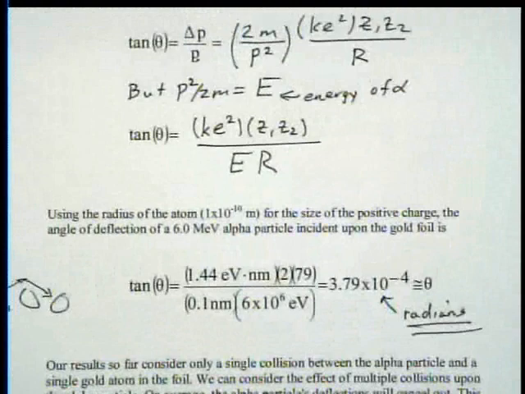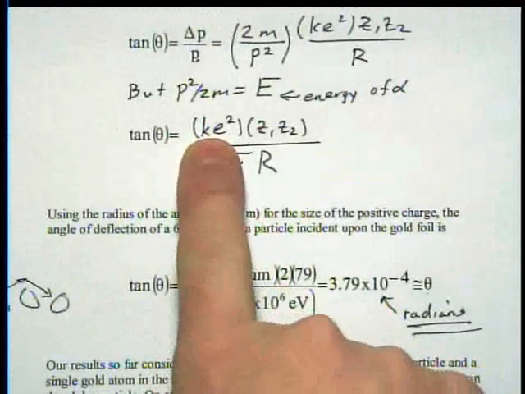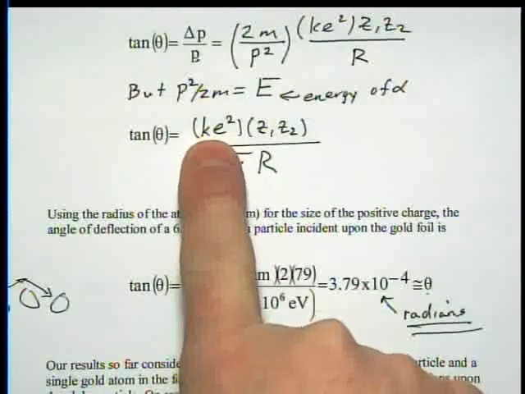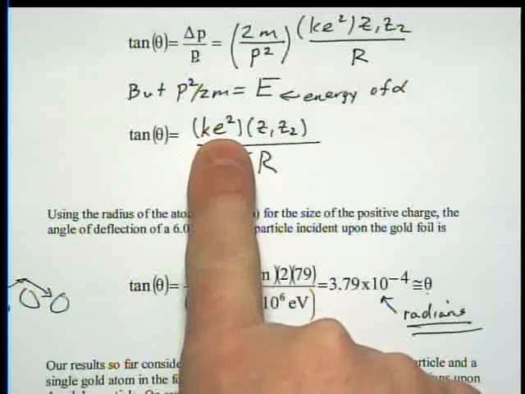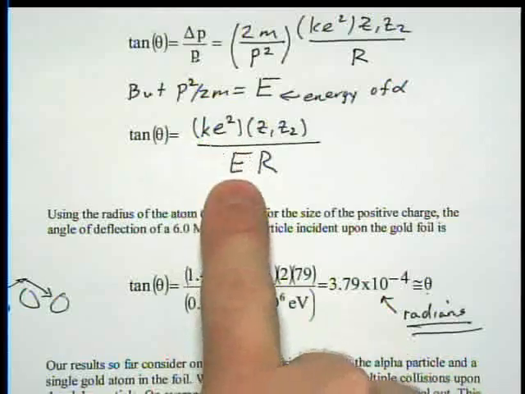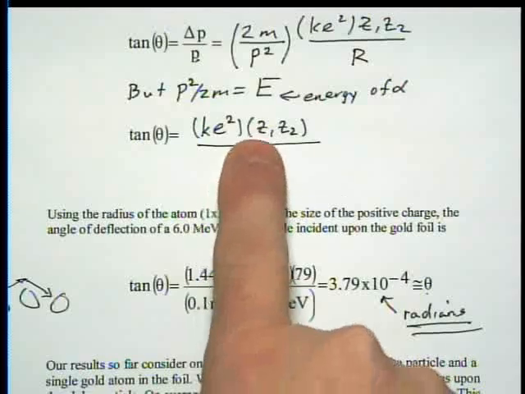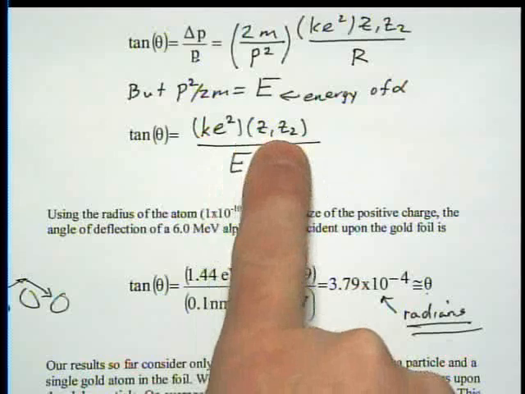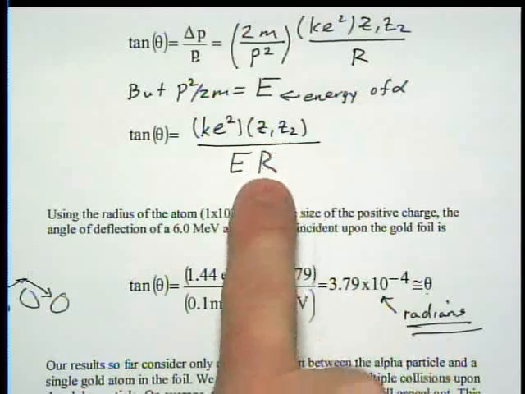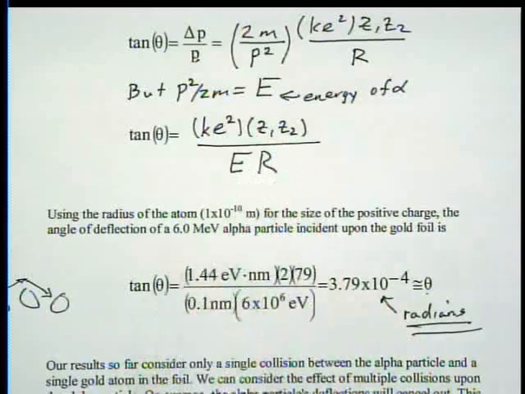All right, that's fixed. I can't change K in Coulomb's law, and I can't change the charge of an electron. The energy is measured for the alpha. It's not negotiable. The atomic number of helium is 2. You can't change it. The atomic number of the foil is unchangeable. The radius of the atom? Well, I assume the radius of the atom was where the positive charge was spread out.